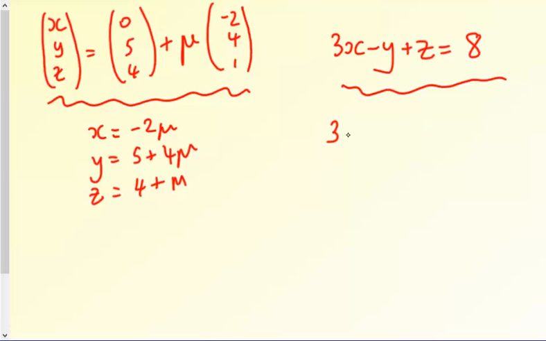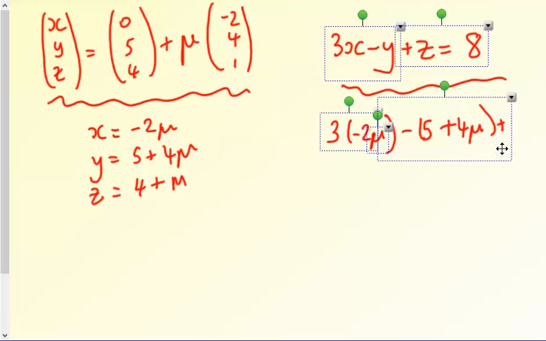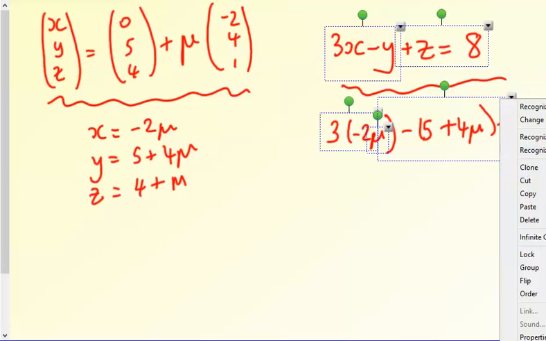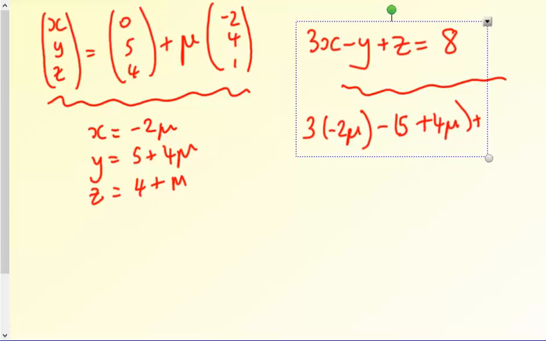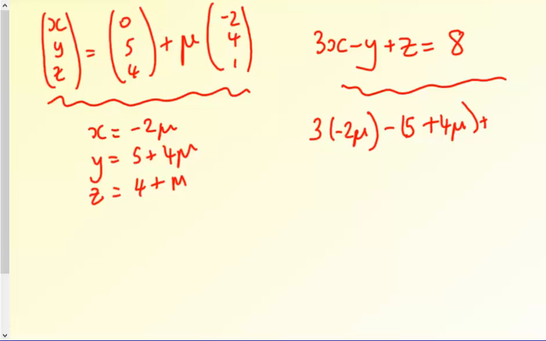In other words, 3 lots of x minus y plus z is equal to 8. And all we've got to do now is solve that and find the value of mu.